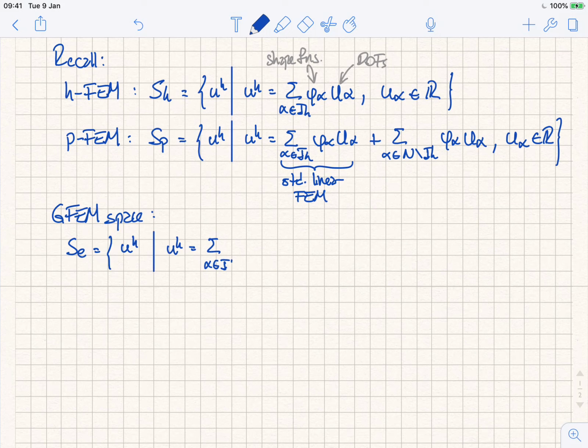You have alpha belonging to the index set IH, and then we're going to add another sum here that goes from j equals 1 to some value m alpha, which denotes the number of enrichment functions that we will use. And then we have some u alpha j phi alpha j.